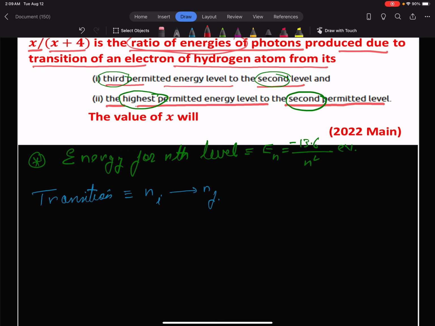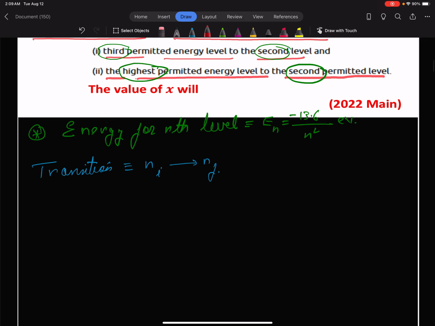So based on this, we can write the photon energy.